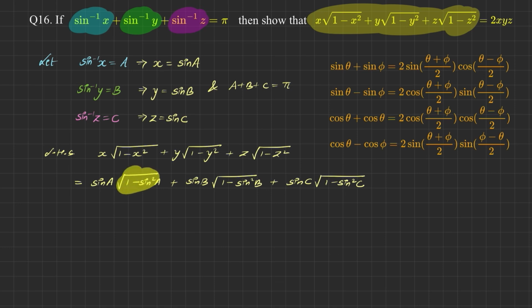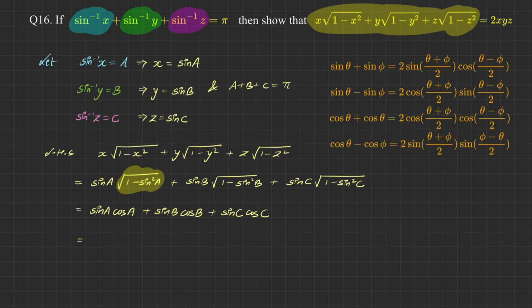This is the formula of cos a, so it will be sine a into cos a. Similarly, it will be sine b into cos b plus sine c into cos c.